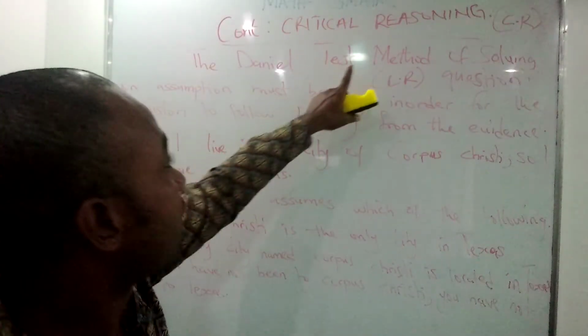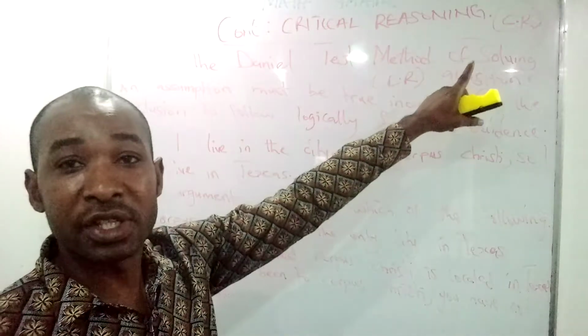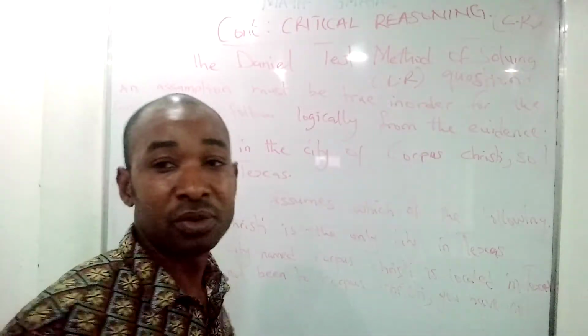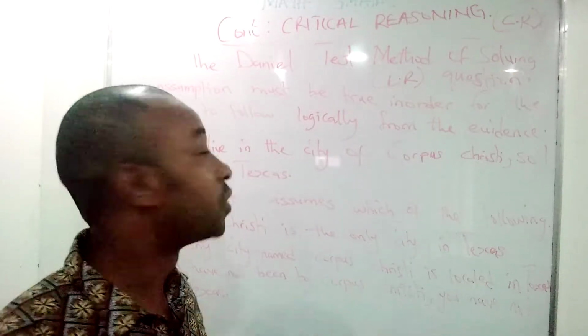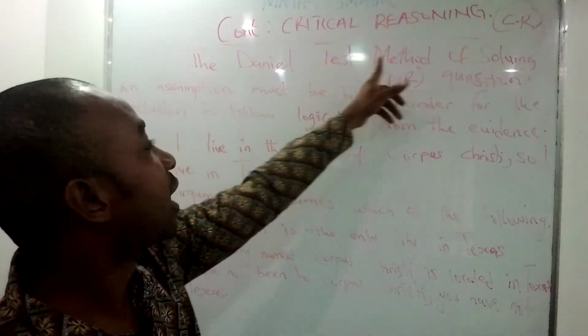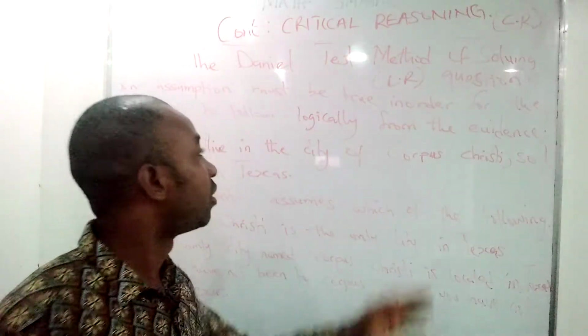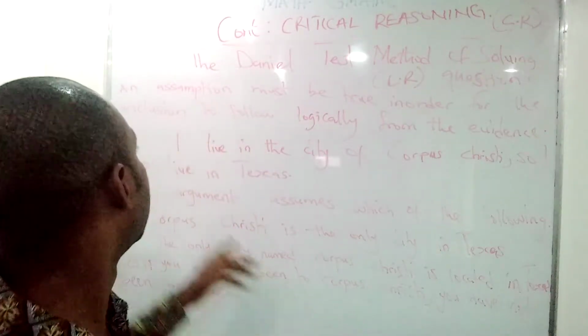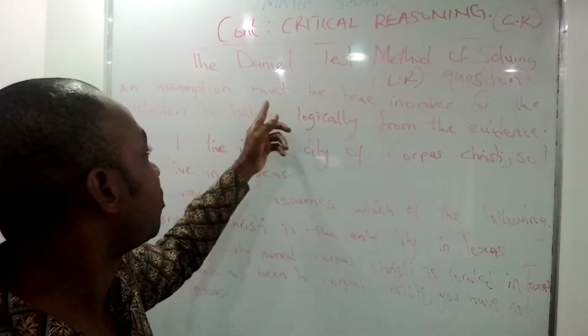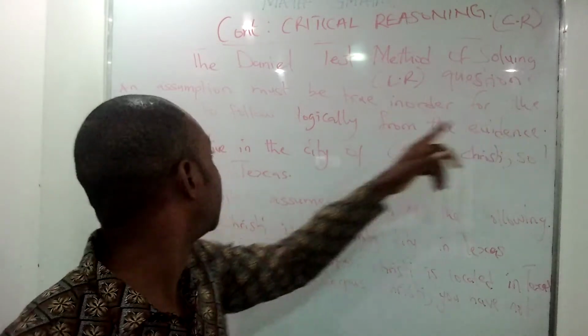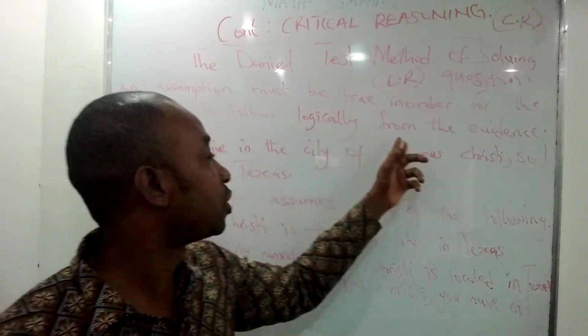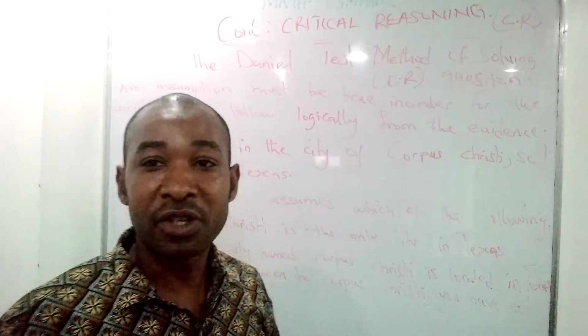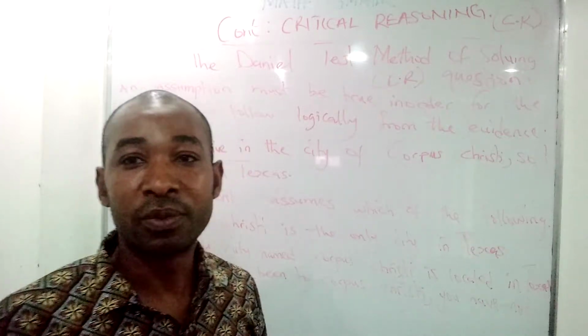It's GMAT class, critical thinking. I use CR to indicate critical reasoning. The Daniel test method of solving critical reasoning questions. What is the Daniel test? An assumption must be true in order for the conclusion to follow logically from the evidence.